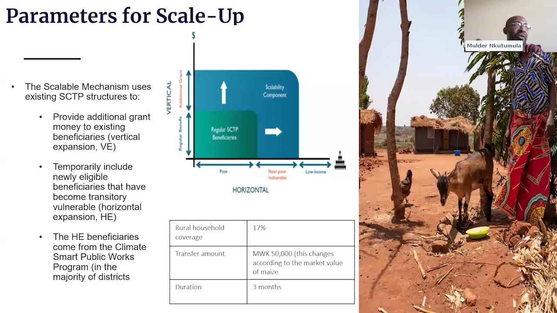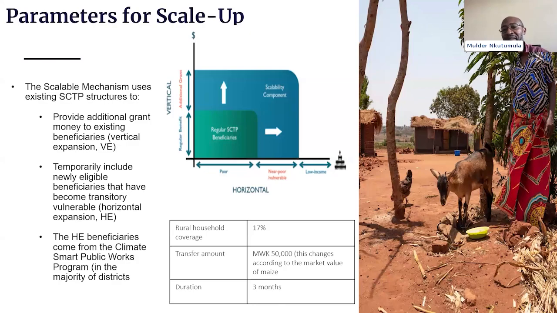These are the people who are on the social cash transfer program. The more people we add horizontally, the less we give to the beneficiaries. For example, if there are 10 beneficiaries and we're giving them, let's say, $50, the more we add, the lesser the amount that they'll get. So we have to balance up.